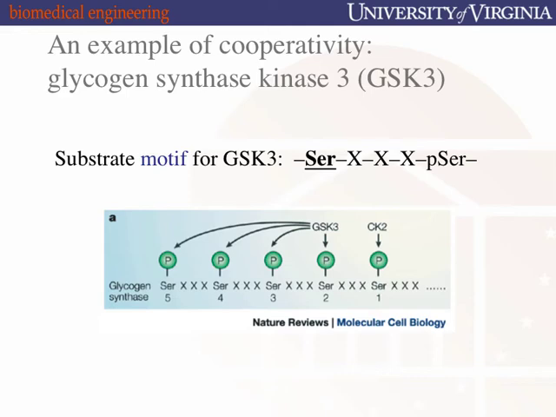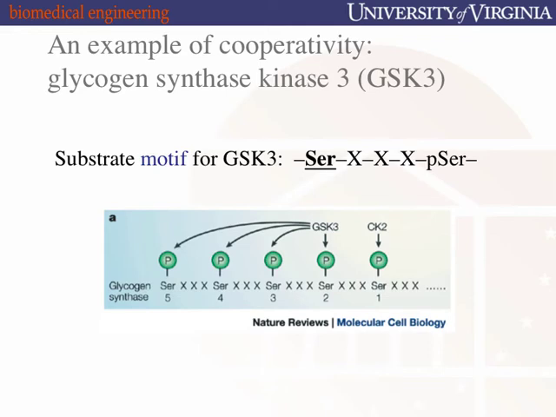In this case, glycogen synthase kinase is a kinase that is going to phosphorylate glycogen synthase. Glycogen synthase is its own enzyme that synthesizes glycogen. And glycogen synthase kinase, or GSK3, recognizes this motif. When I describe a motif, we're talking about a linear peptide sequence that is recognized by a protein.